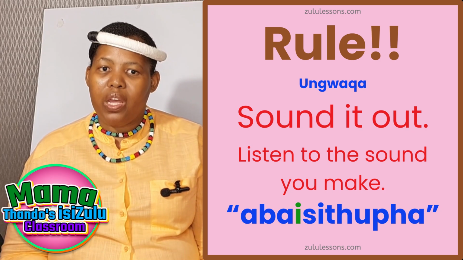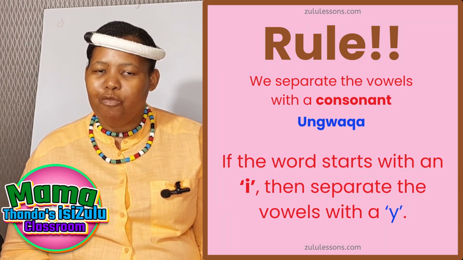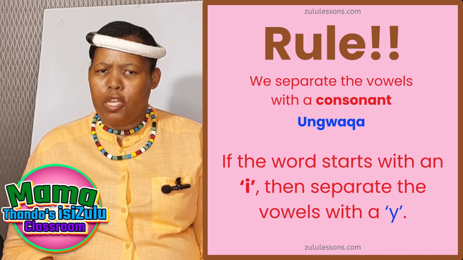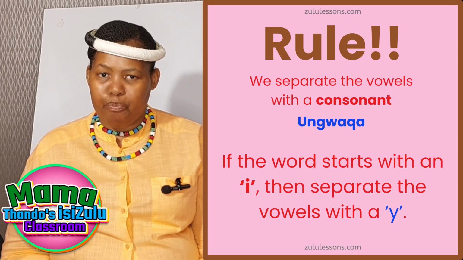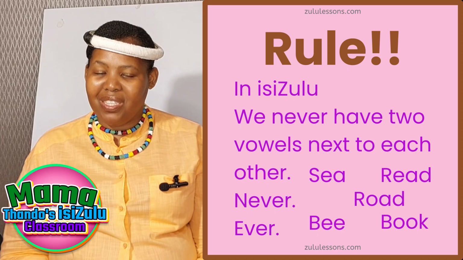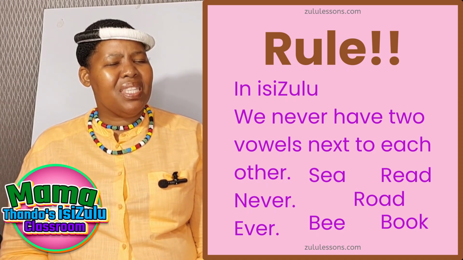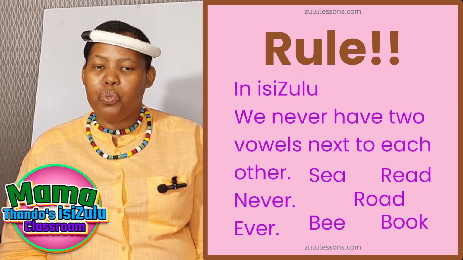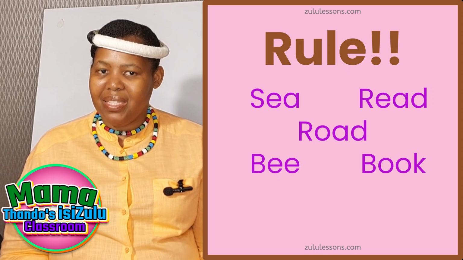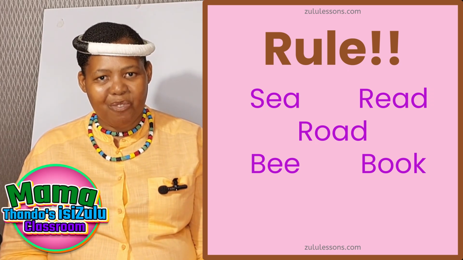And so that might be a little thing to help yourself with, to remember which consonant to separate the vowels with. Because as I said, this very important lesson, in isiZulu, we never have two vowels next to each other. We either blend them or we separate them with a consonant.